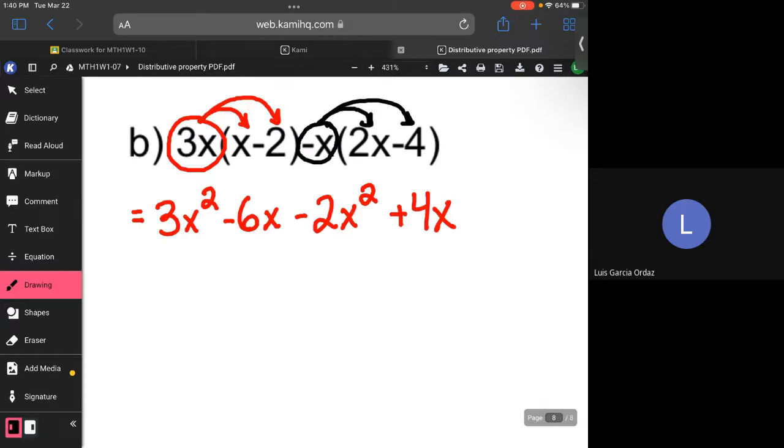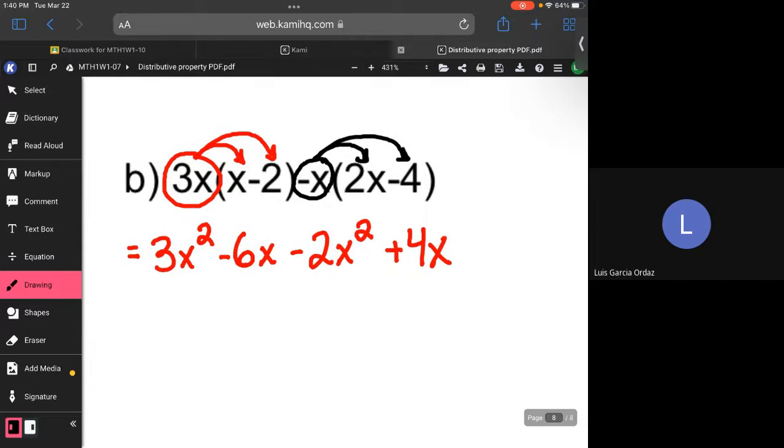I have a question. So for the negative x times 2x, you said it's negative 2x squared. Yep. Okay, so then why is it not negative 2x with a negative? Oh, because what does that negative in front of the x mean? What's my coefficient?